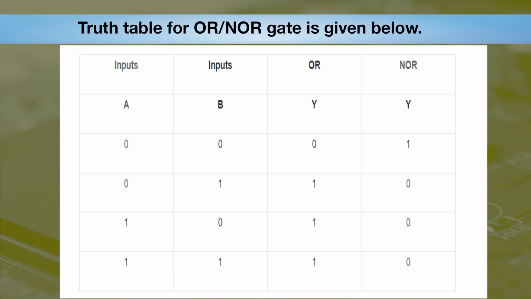Now, if the input is 1 0, then the OR is 1 and NOR is 0, and if the input is 1 1, then the OR gate is 1 and the NOR gate is 0. So, this is clear from the table. NOR gate is the opposite as compared to OR gate.